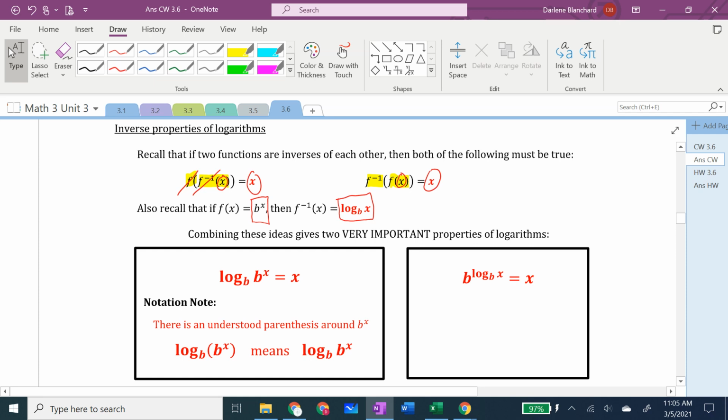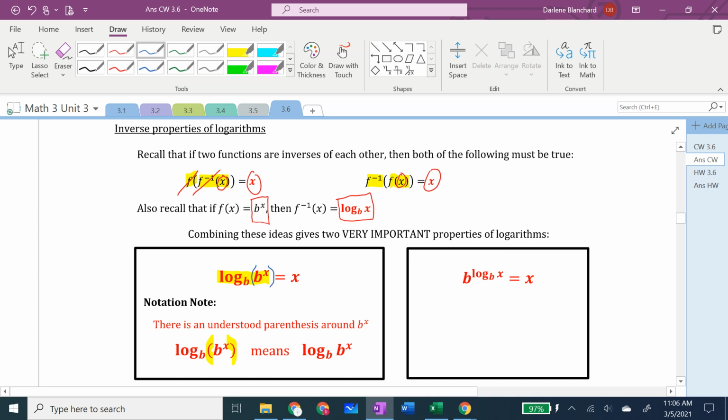Know that when you see a logarithm written this way, there's an understood parentheses around. Notice I have log base b, and then this starts. If I have an exponent on my variable, that exponent is included to be inside that logarithm.